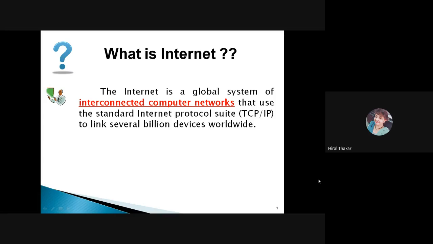Whatever device is connected to this network will be using a standard protocol suite known as TCP/IP, Transmission Control Protocol, Internet Protocol. That is the standard. It is not a single protocol, it is a complete set, a group of protocols.